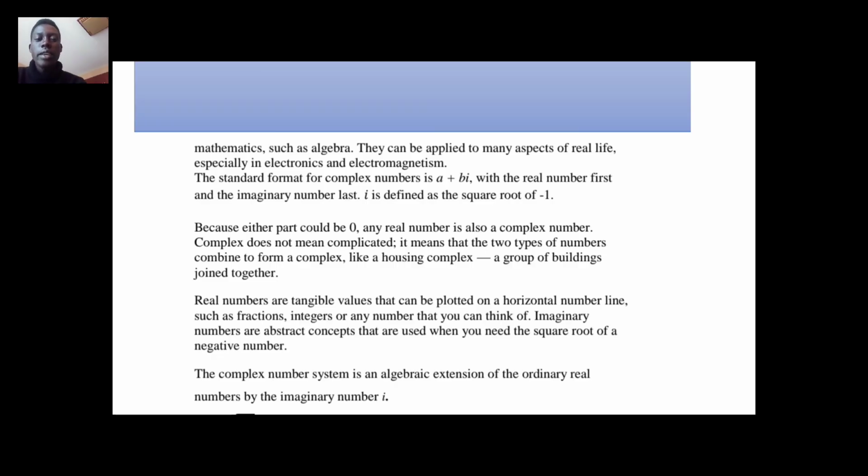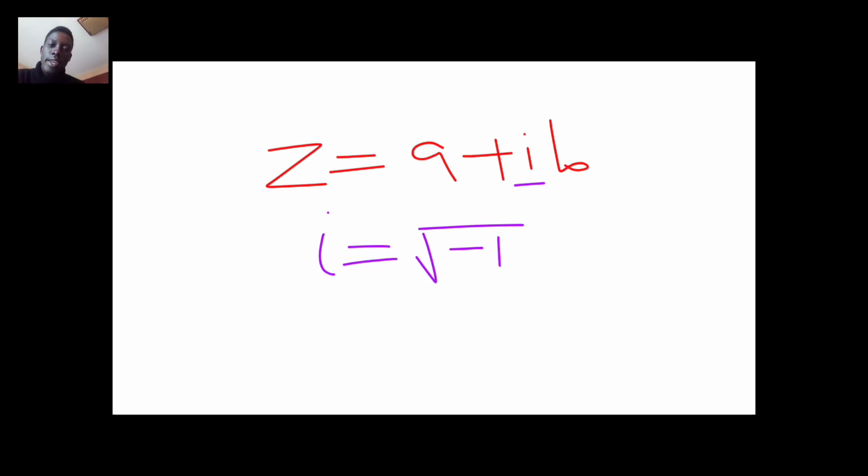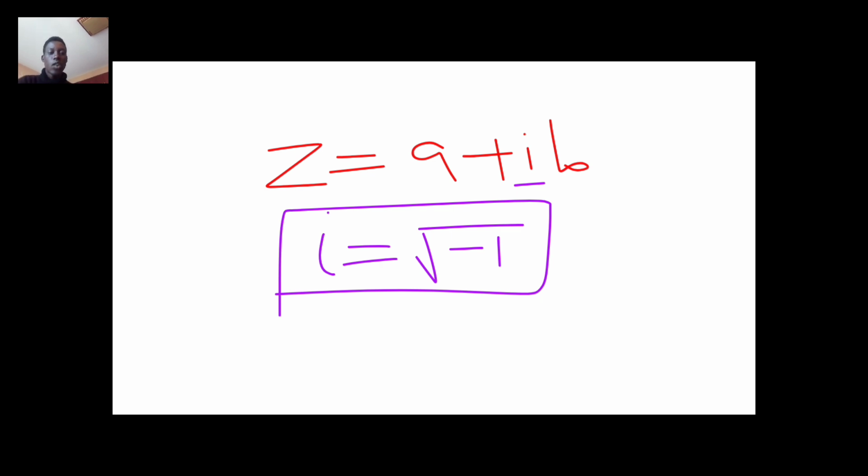So the imaginary number, which is i, is defined by the square root of -1. Don't forget that.